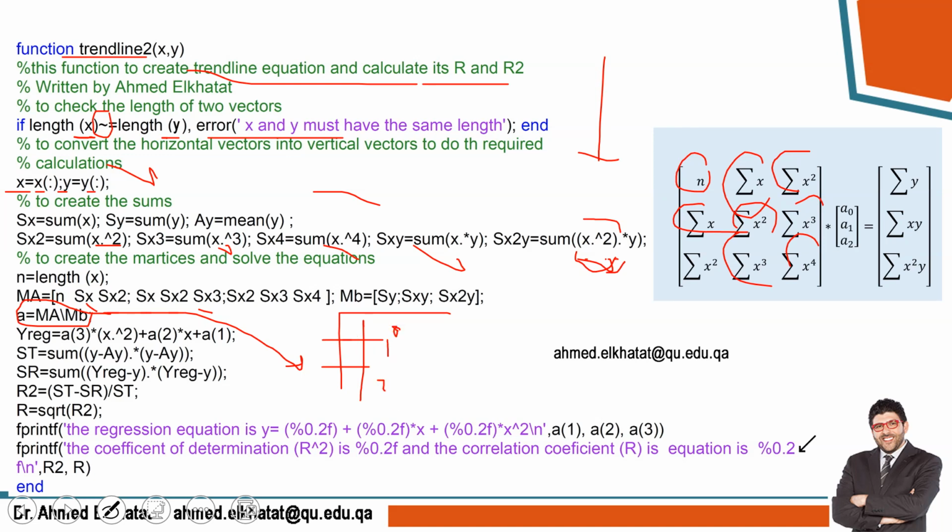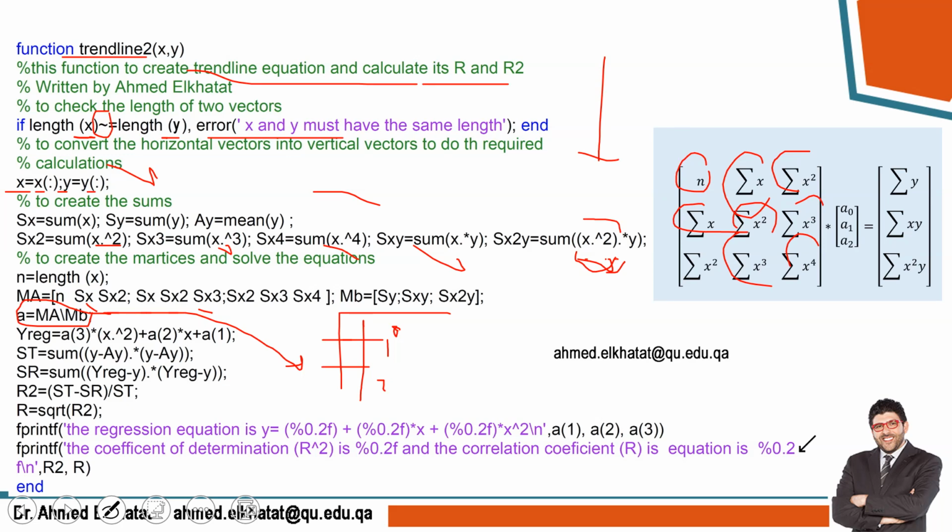So now y regression will be a3 times x to the power 2 plus a2 times x plus a1. Then we can find the st and sr similarly to the previous example, and then we can find r2 and r1, and we can use the same way to show the problem.